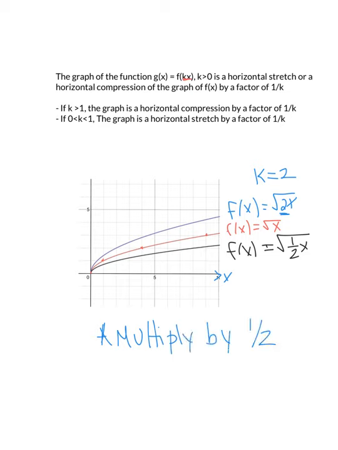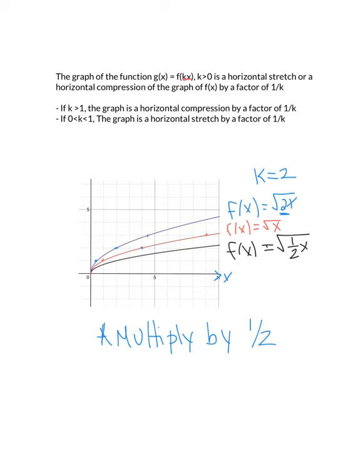That means that this red point that I had at 1, 1 is now going to be at 1/2, 1. The second key point that I had at 4, 2 is now going to be at 2, 2. All of the x values need to be multiplied by a half, or cut in half. The third and final point that I had at 9, 3 is now going to be at 4.5, 3.